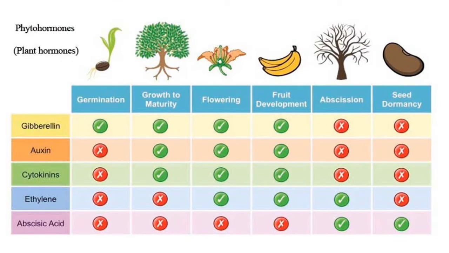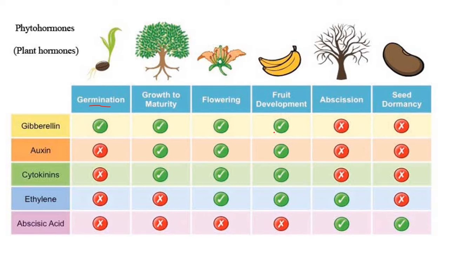So this is the overall function of the phytohormones. For the process of germination, only gibberellin is involved. Growth and maturity involve gibberellin, auxin and cytokinin. During flowering, gibberellin, auxin, cytokinin and ethylene.